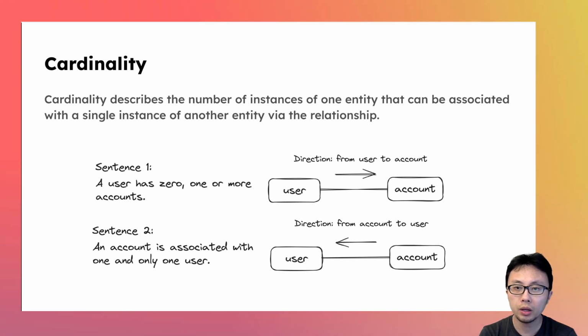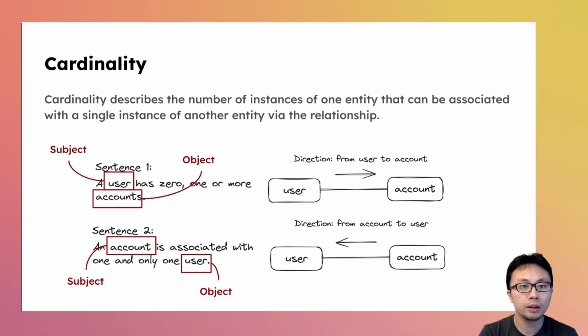In sentence 2, the direction flows from account to user. In short, a sentence that describes a directional relationship from one entity to another has a subject, verb, and object. The direction always flows from the subject to the object.